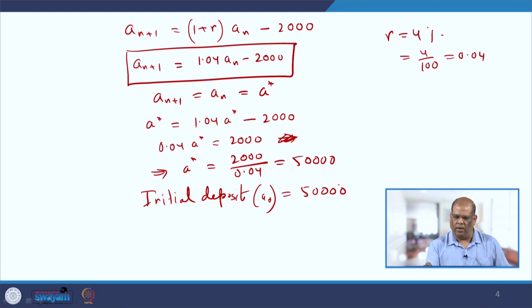For example, if you take A1, which is 1.04 into A0 minus 2000, and substitute this A0 here, you will get the same 50,000 back here. Let us now see the numerical solution of this with the help of Microsoft Excel to see whether our analytical result matches with the numerical one.